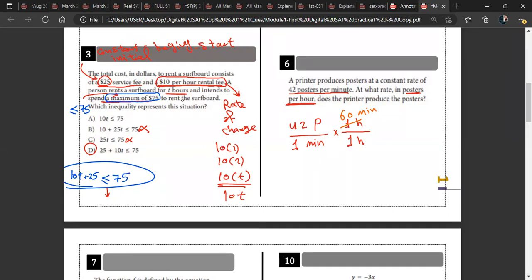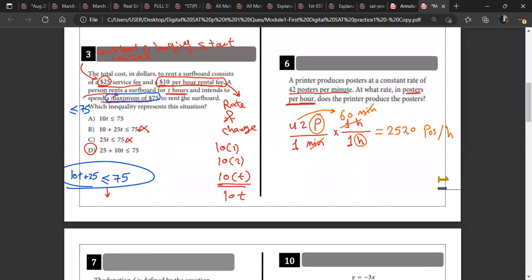Now, if you replace 1 hour by 60 minutes and cancel minute by minute, you still have posters per hour. So 42 multiplied by 60, and the answer will be 2,520 posters per hour. Do you have any questions, guys?